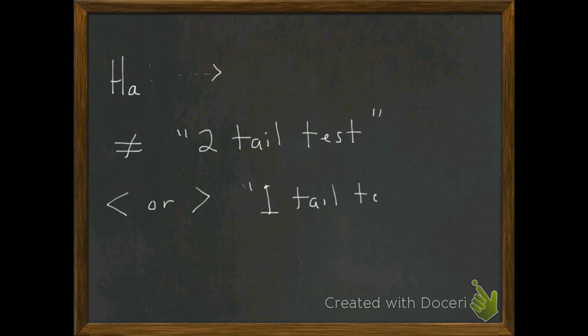If we choose greater than or less than in our alternative hypothesis as the motivation for our test, then we refer to that as a one-tail test.